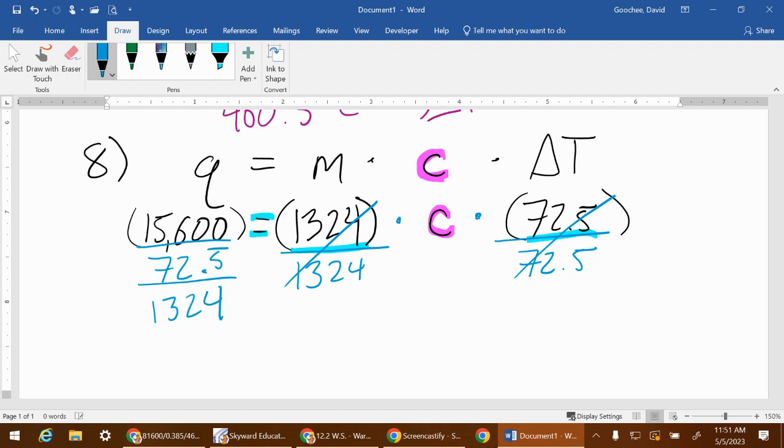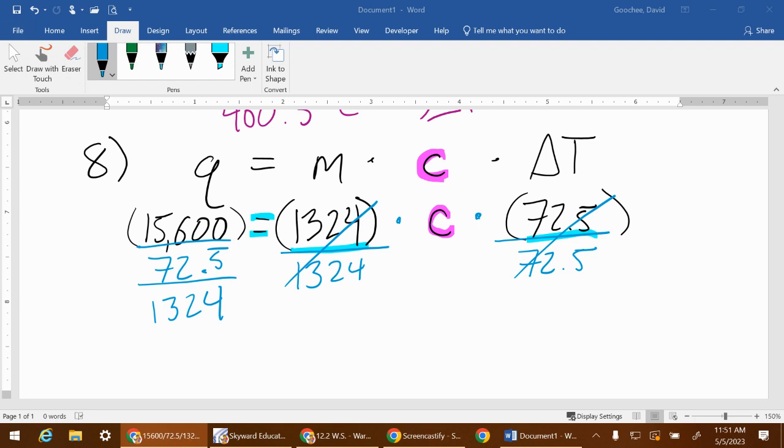All right, let's plug this into the calculator. The specific heat is equal to 15,600 divided by the temperature change, 72.5, divided by the mass, 1,324.